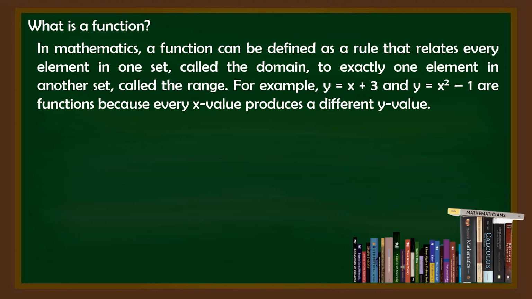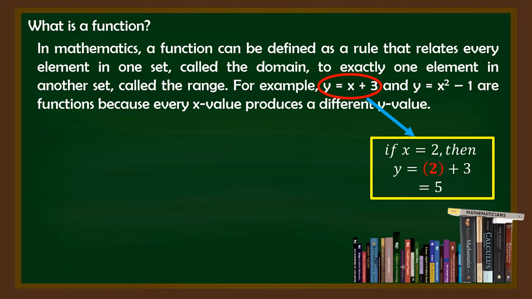For example, y is equal to x plus 3 and y is equal to x squared minus 1 are all functions because every x value produces a different y value. Let's say, for example, if x is equal to 2, then the value of y is equal to 5. That means every element of the domain leads to exactly one element of the range.